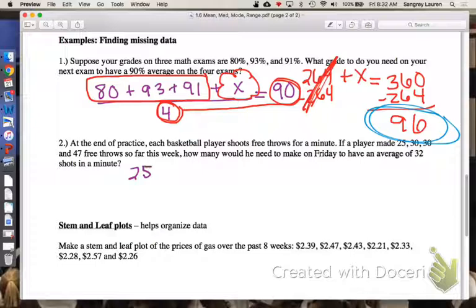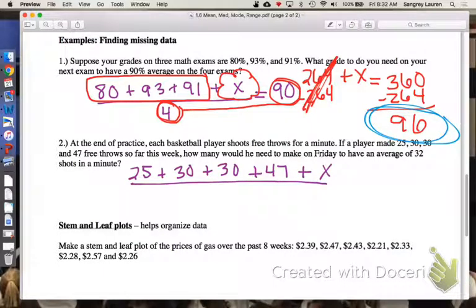So we have 25 plus 30 plus 30 plus 47 plus x, because that's how many we're going to make on Friday. We divide by however many there are. This includes the x. So there are 5. This represents the average. So this has to equal the average.